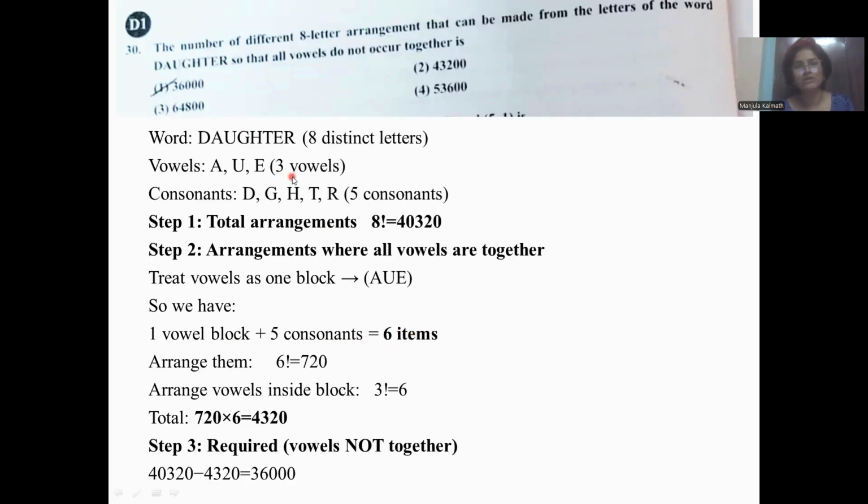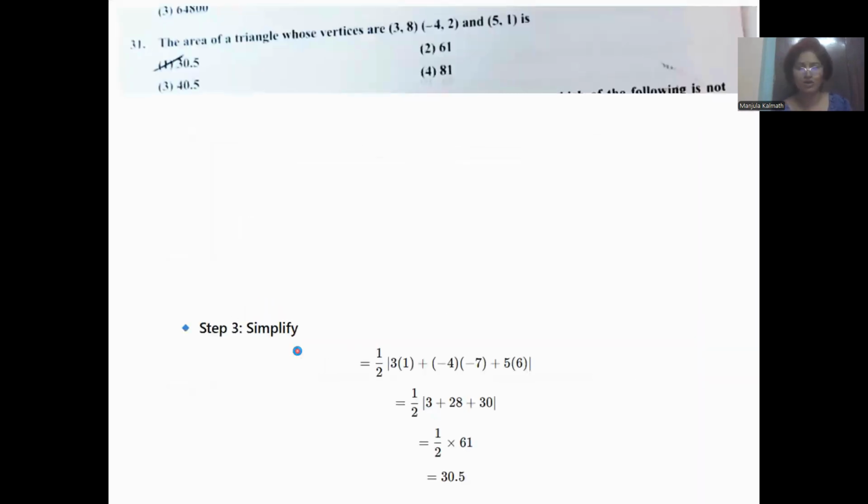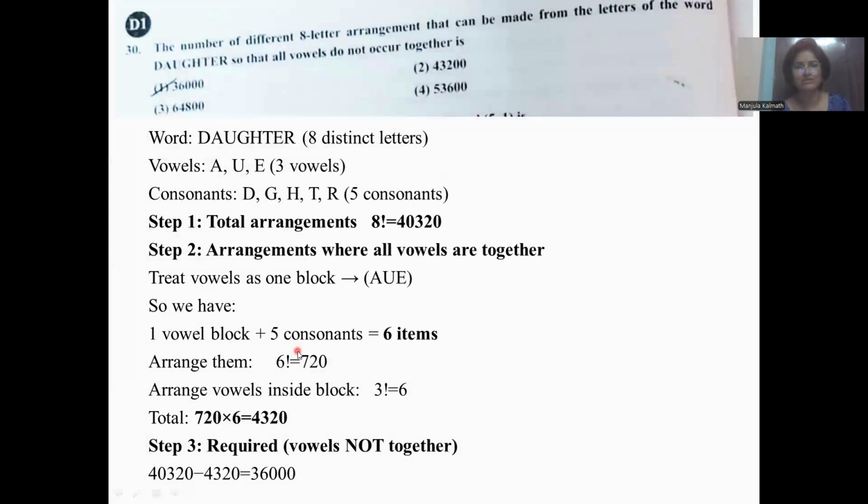All the vowels will be considered as one letter here. So, total letters are 6 items. Rather than 8 different letters, we have 6 items here because all the 3 vowels will be considered as one component here. So we arrange all of them, that is 6 factorial equals to 720.